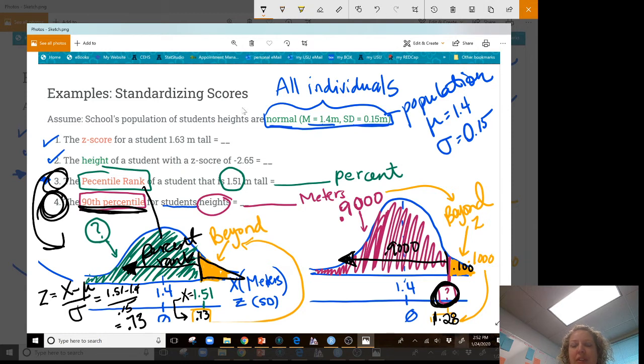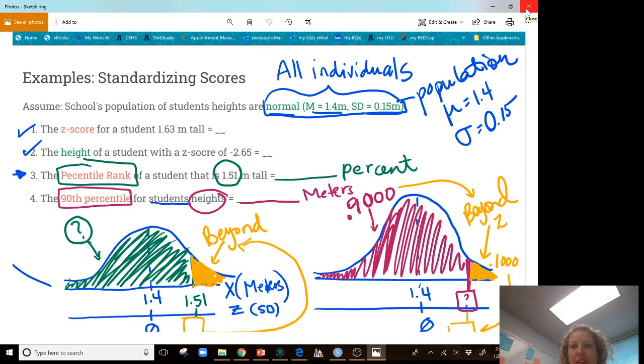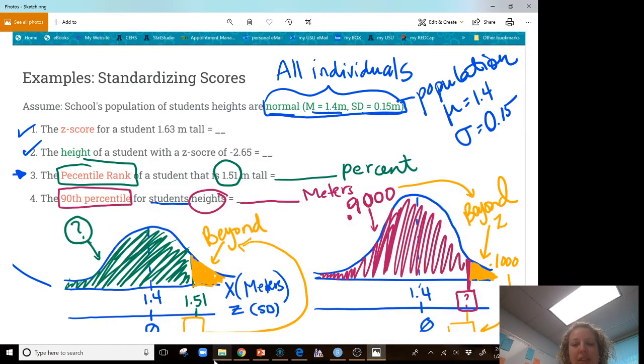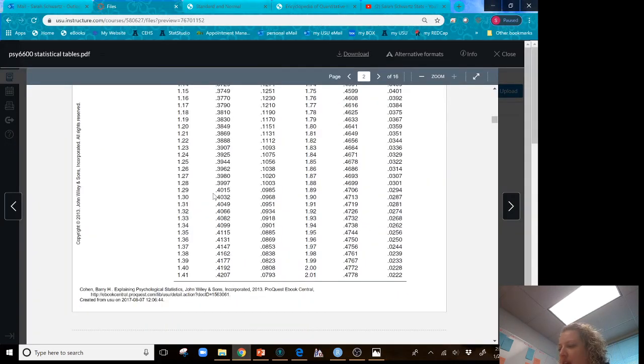So let's go back to our table. And I had those open here. No. Oh, it was in Canvas. That's right. So our z-score was, oh, I didn't write it down. 0.73. The z-score was 0.73. So now we need to know what beyond area goes with a z-score of 0.73.